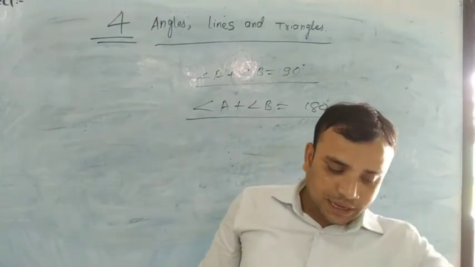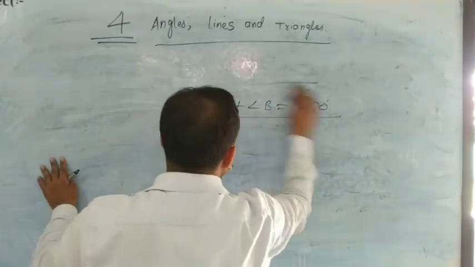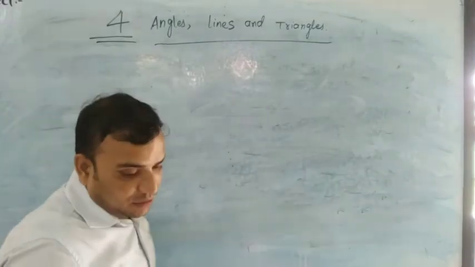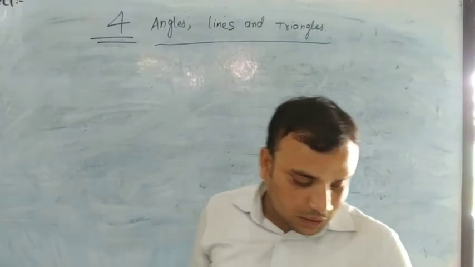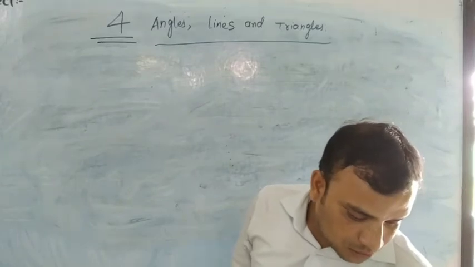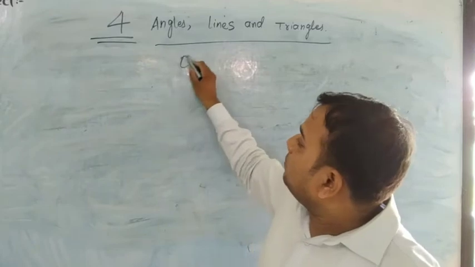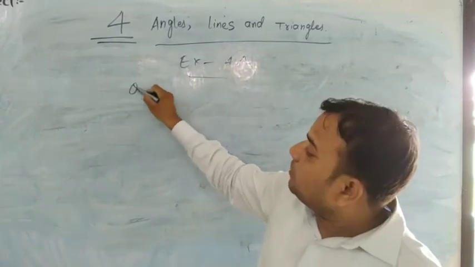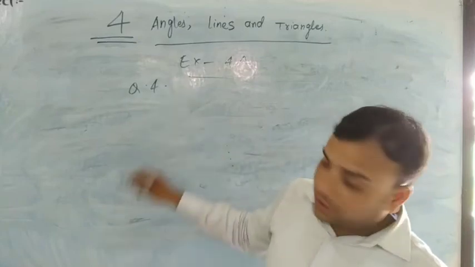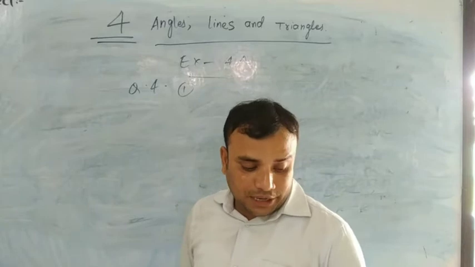Next, exercise 4A. It is very important. You have already solved questions 1, 2, 3, and now we discuss question number 4. First, find the complement of each of the following angles.